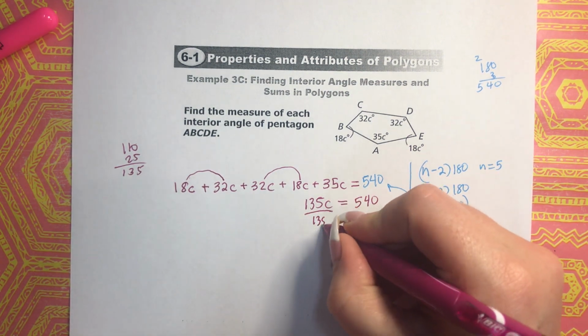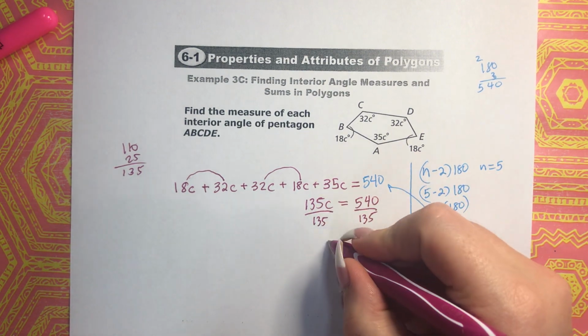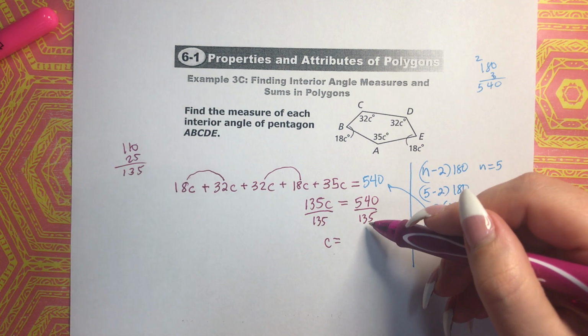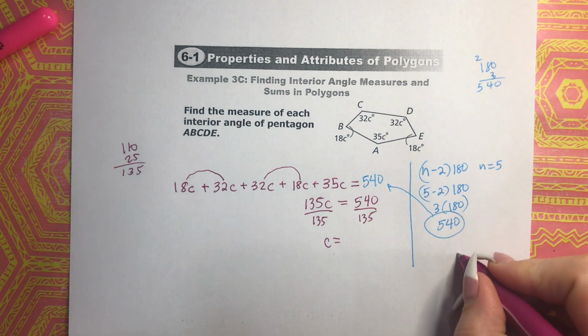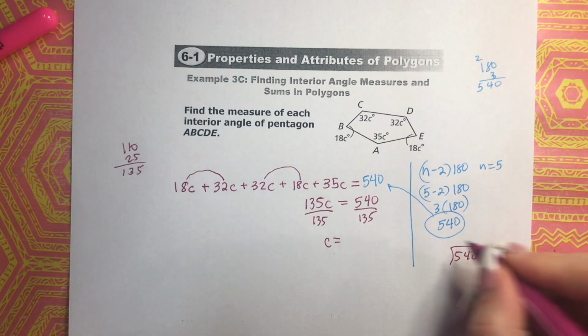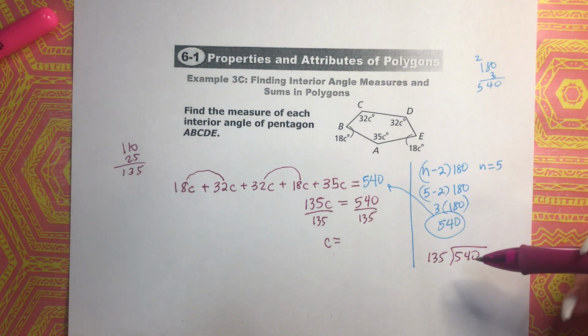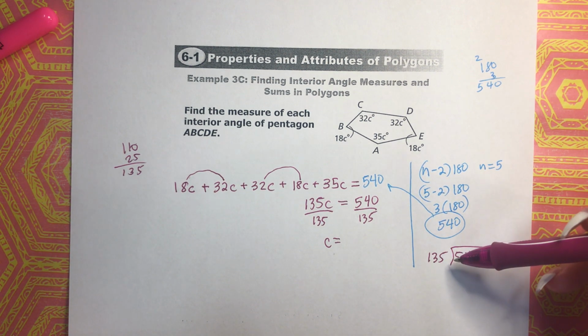So I'm going to divide both sides using the division property of equality by 135. That becomes 1. We have C equals, and I'm going to say, I don't know, how many times does 135 go into 540? Let's see here. Maybe if I think about this as maybe like 150.